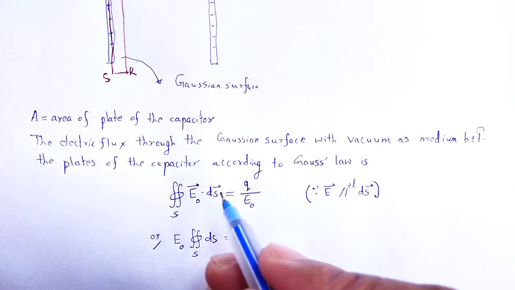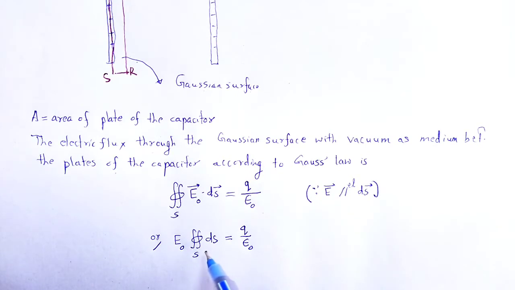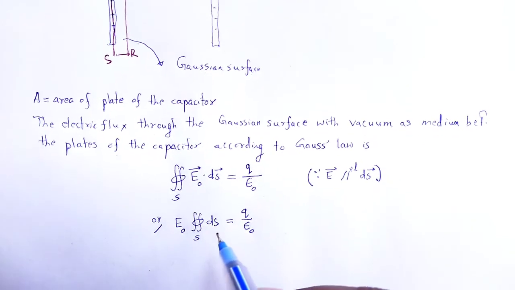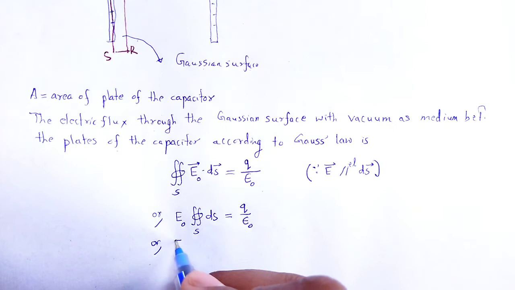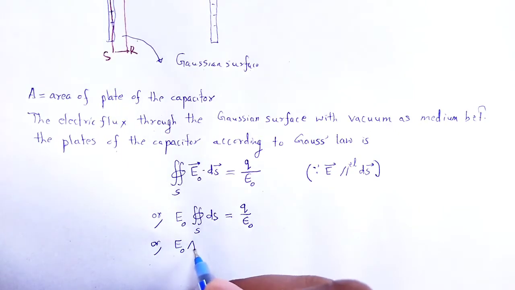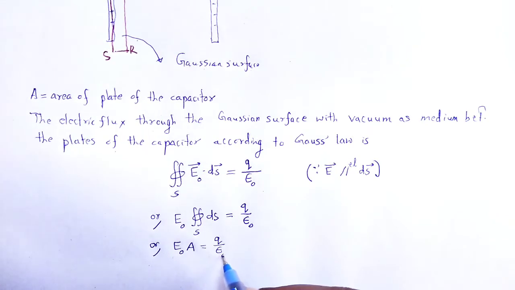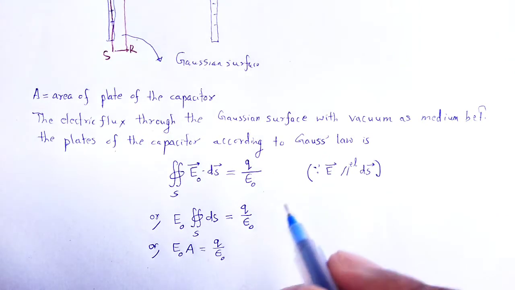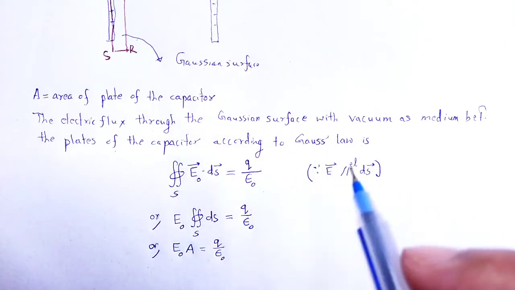The integral of ds over the total surface area of the parallel plate capacitor is A, so E naught times A is equal to q by epsilon naught, where A is the area of the plate of the capacitor.